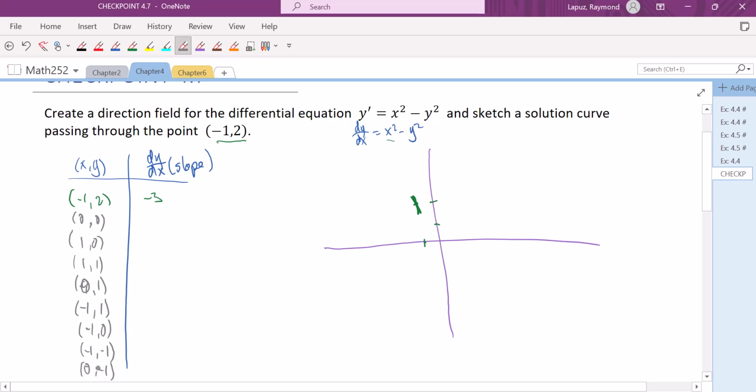Let's stop there because we just want to get a sampling, and actually in general this is not what we're going to do, because we're just going to rely on some technology to do this for us.